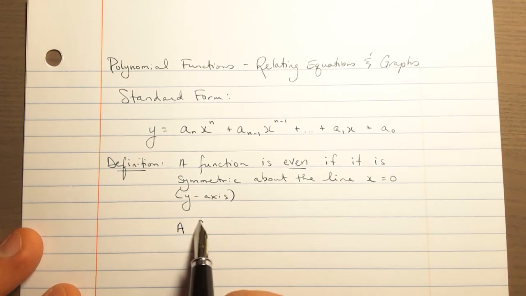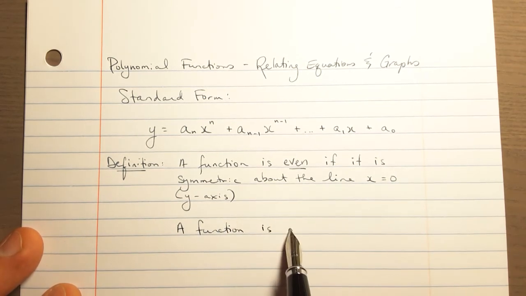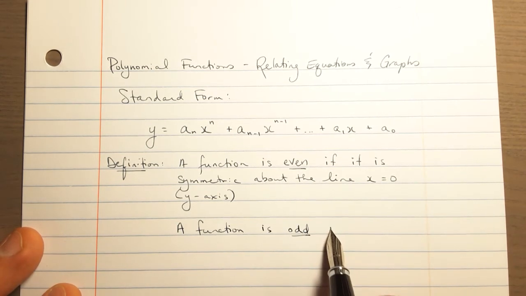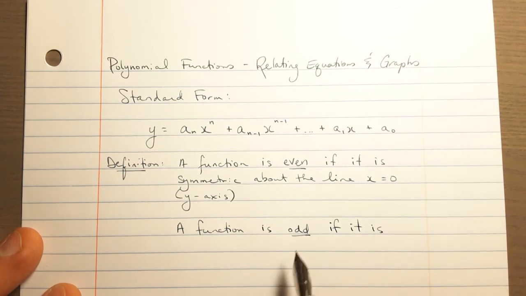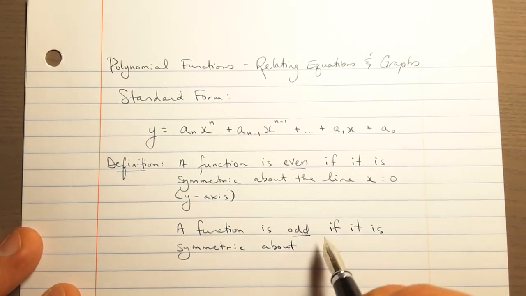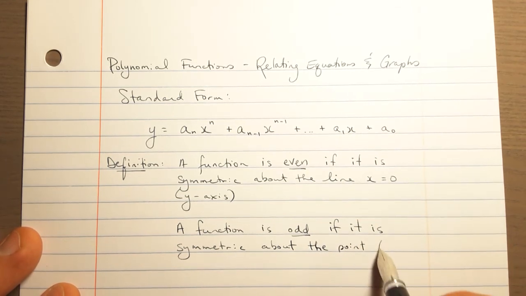And the second definition is this: a function is odd, not of odd degree, just odd, if it is symmetric about the point 0, 0, which is the origin.